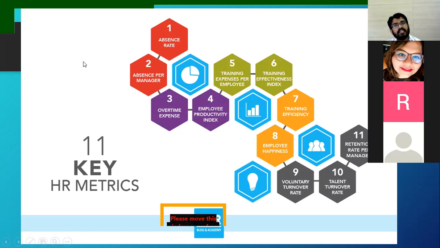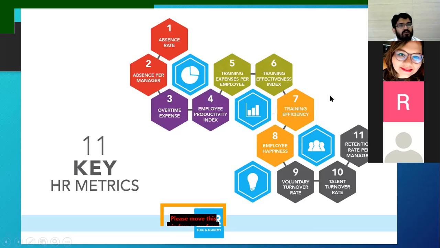Then training expenses per employee, how much expense was incurred on training per employee, can be another metric. Training effectiveness index, whether the training that was provided was effective or not, can be found out using the training effectiveness index. And training efficiency, how efficient was that training. Effective and efficient are two different things.